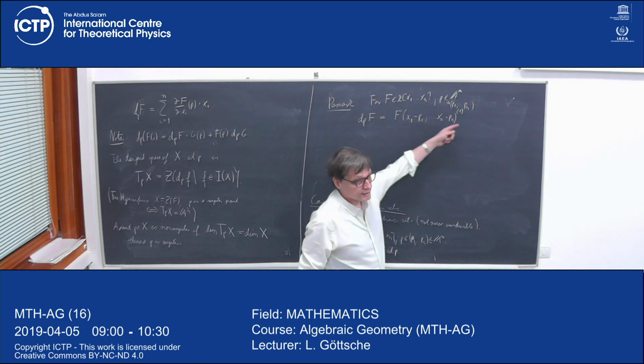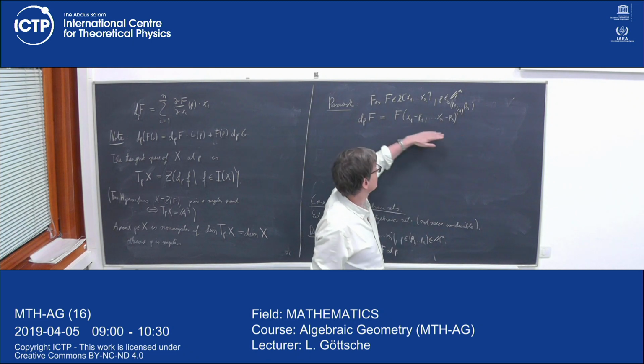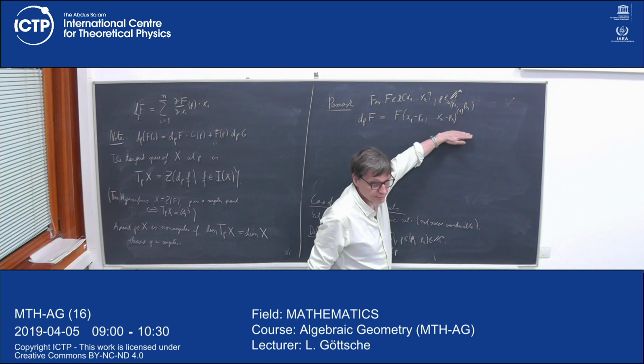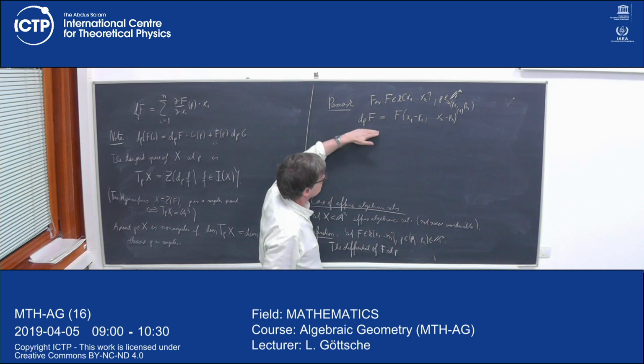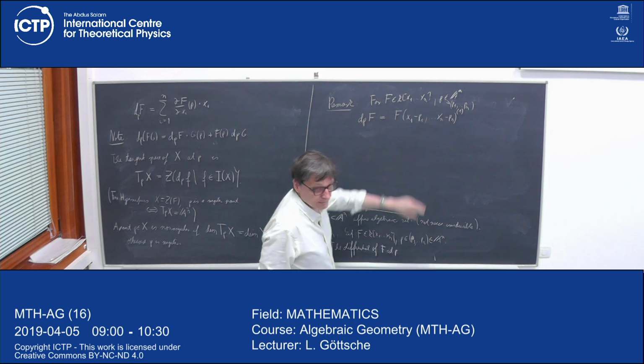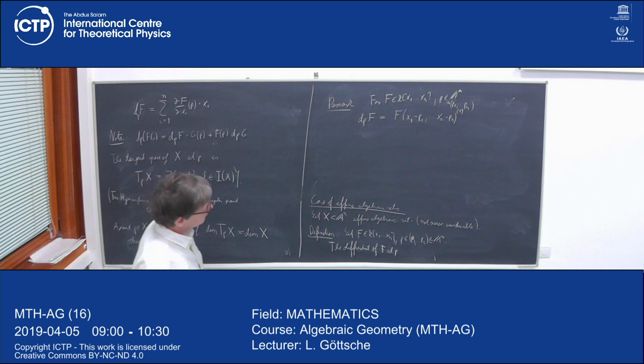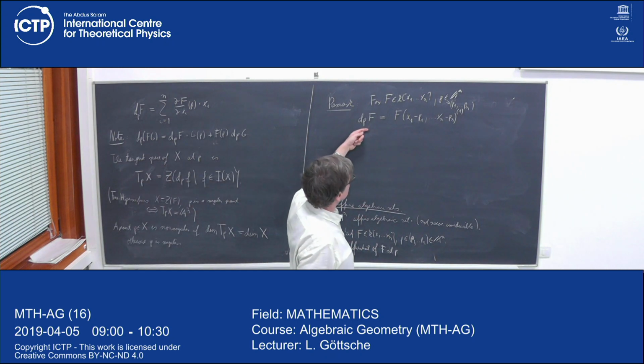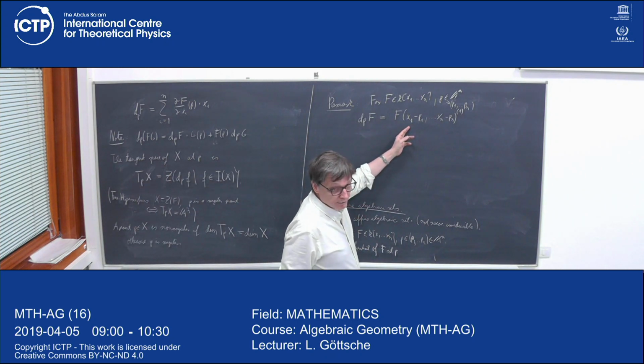So it has a decomposition into homogeneous components. I take the degree 1 part of the polynomial, then the differential is just this. So in particular, if the point is 0, the differential at 0 is just the degree 1 part of the polynomial.